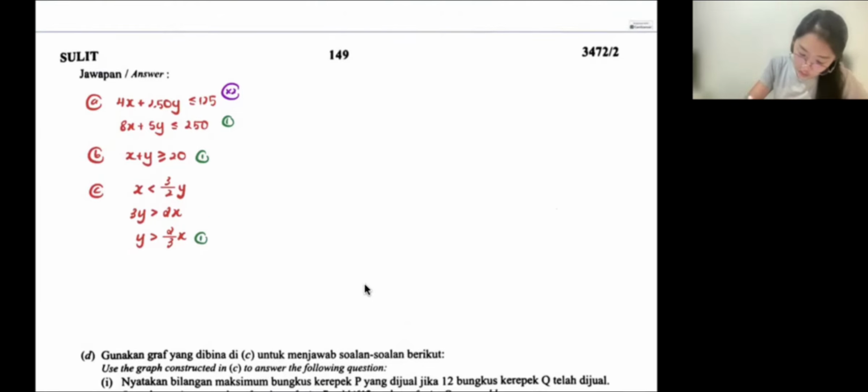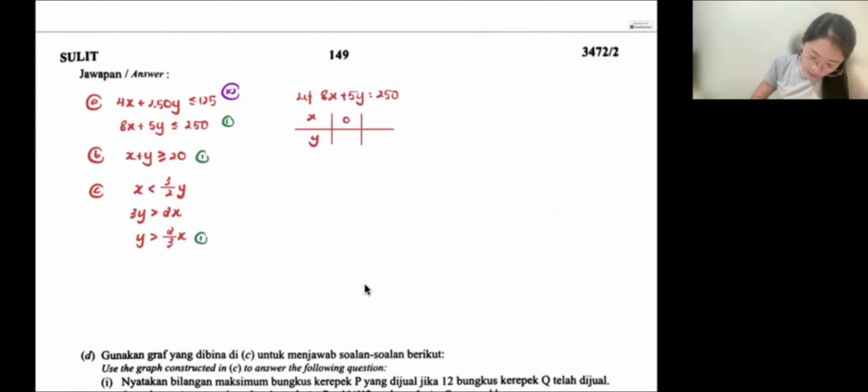Well, construct. Since the second one is already constructed, you need to get the 8x plus 5y equals to 250 equation. Construct a small table over here. You need at least 2 points to draw a straight line. Usually, I will find my x-intercept and y-intercept. If x is 0, then 250 divided by 5, this is 50.